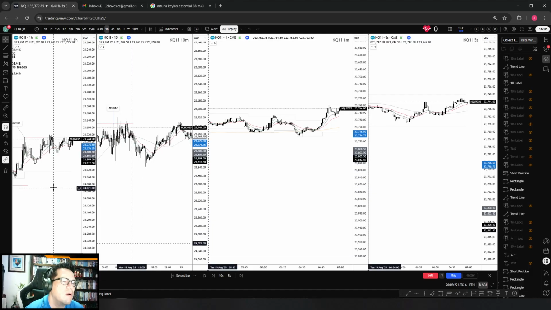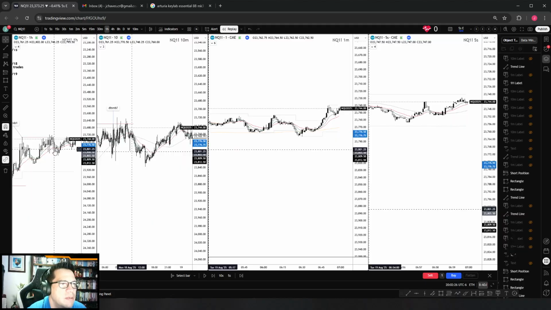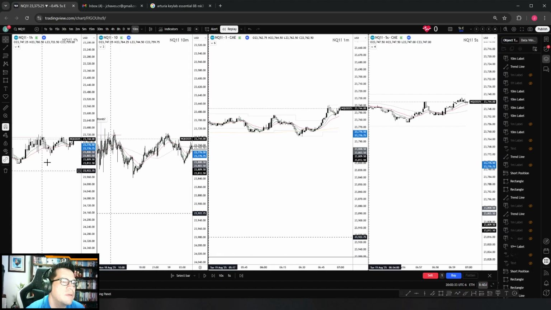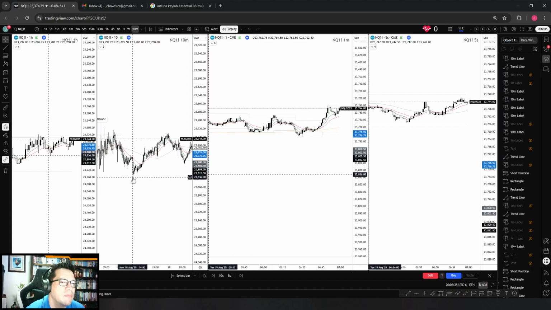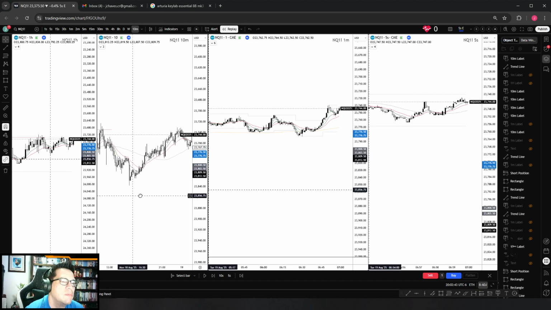So basically on the context time frame, price not just came here into the 20 but went below it, and basically from there, from this point here around 6 p.m. New York time, we had price starting a new bearish move.